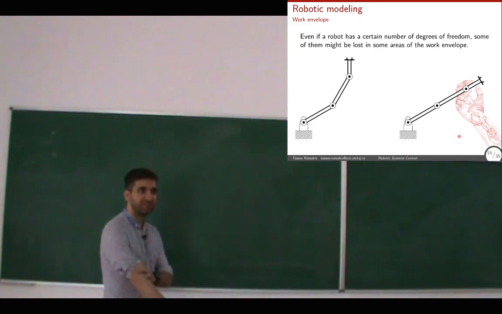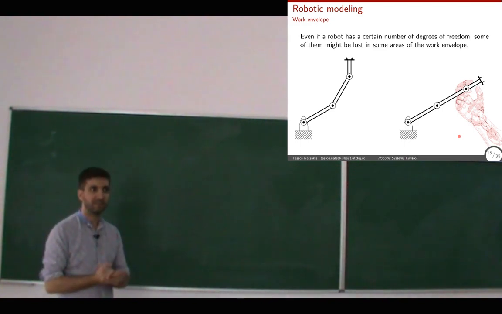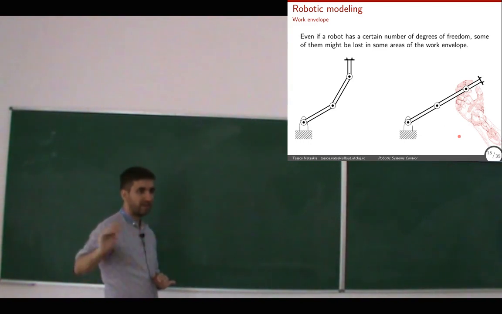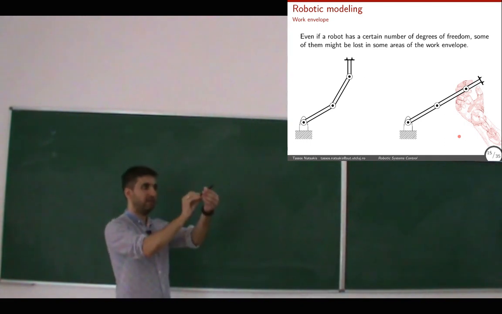Very specific. Which 6? The translation along the 3 axes, obviously. Then again we have orientation in 3 directions, so I can change the orientation of the end effector.